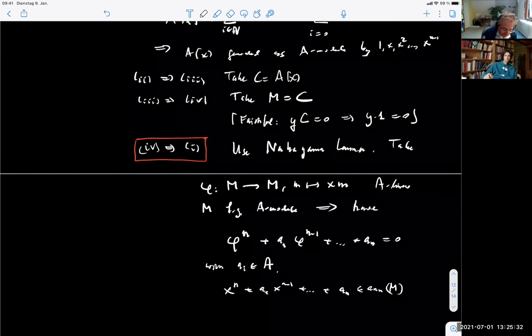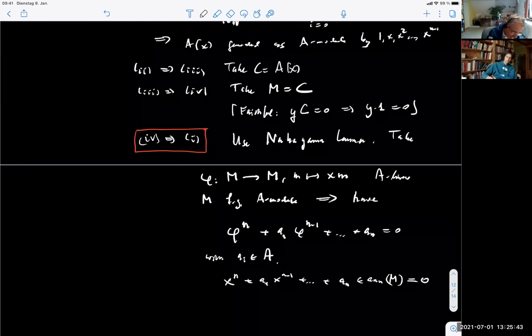The map sending M to this thing times M equals 0. But now comes the faithfulness. It says the annihilator is 0, and therefore this is 0. Okay, and I have shown my integrality. This is the integral relation.